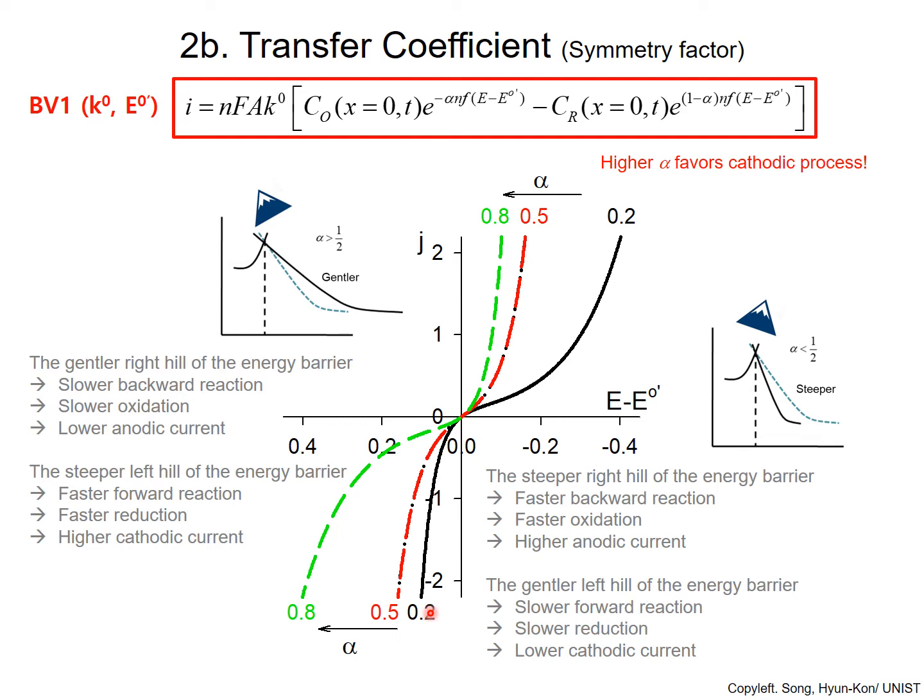So we could predict the current versus potential curves from the reaction coordinate diagrams. As a summary, higher alpha favors the cathodic process. Let me emphasize it again: higher alpha values favor the cathodic process.